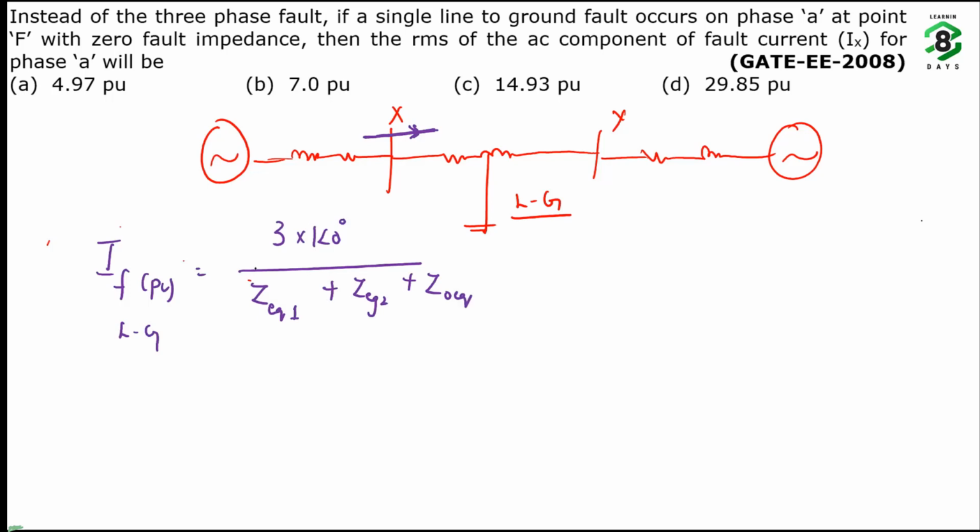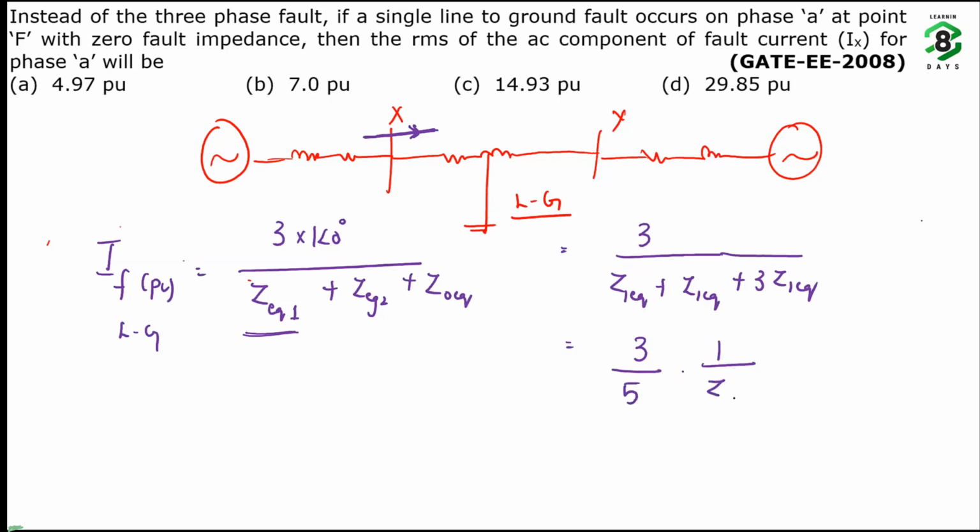Here he is asking you to treat the positive sequence impedance and negative sequence impedance seen by the fault point as the same, and the 0 sequence impedance is 3 times that of this one. So I can directly write this as 3 into Z1 equivalent plus Z1 equivalent plus 3 times Z1 equivalent. Okay, so this will become 3 divided by 5 into 1 divided by Z1 equivalent.